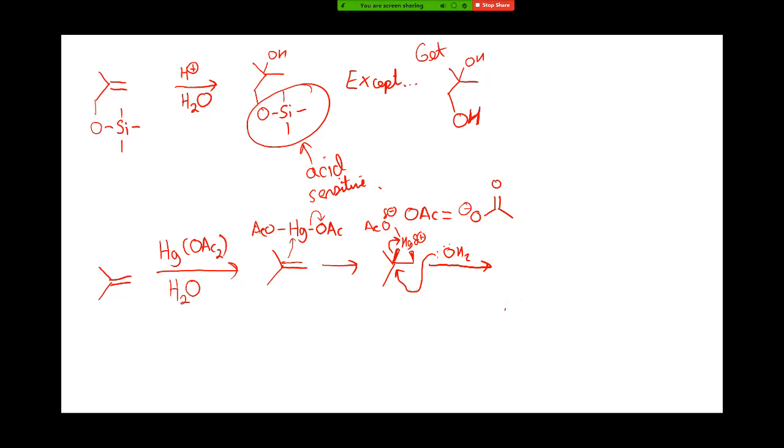And you get the precise mechanism you would get if that mercury was a chlorine instead, or a bromine, or a protonated epoxide. So it's all the same. There's nothing new here.